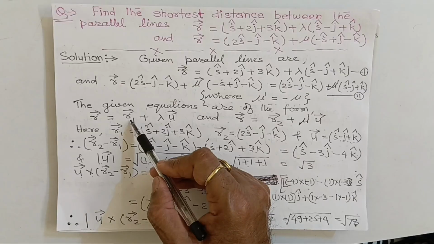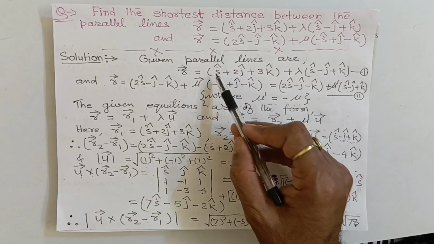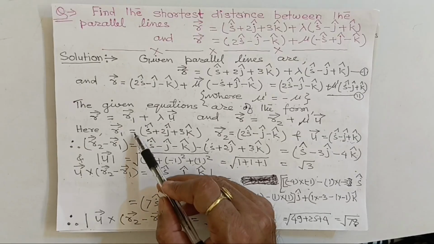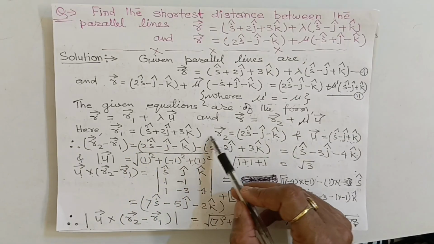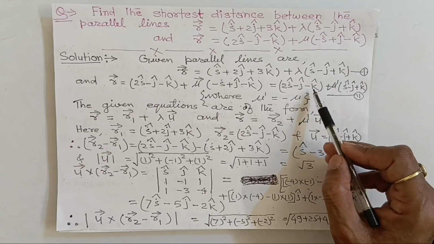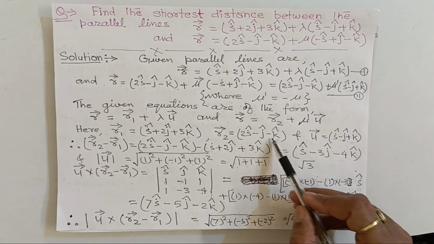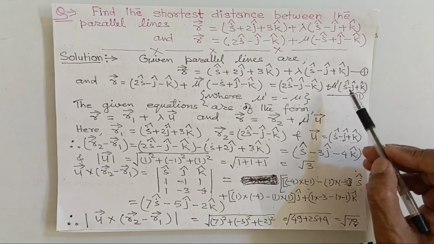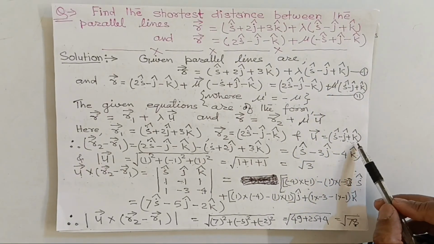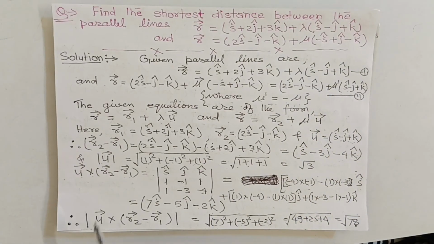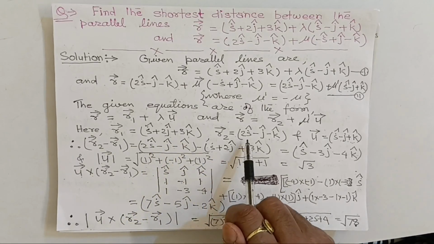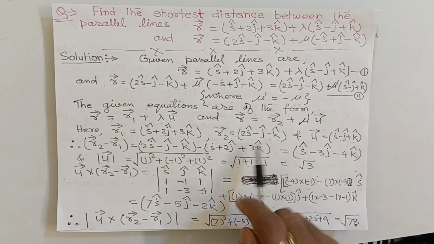Here r1 is equal to i plus 2j plus 3k, r2 is equal to 2i minus j minus k, and u is equal to i minus j plus k.